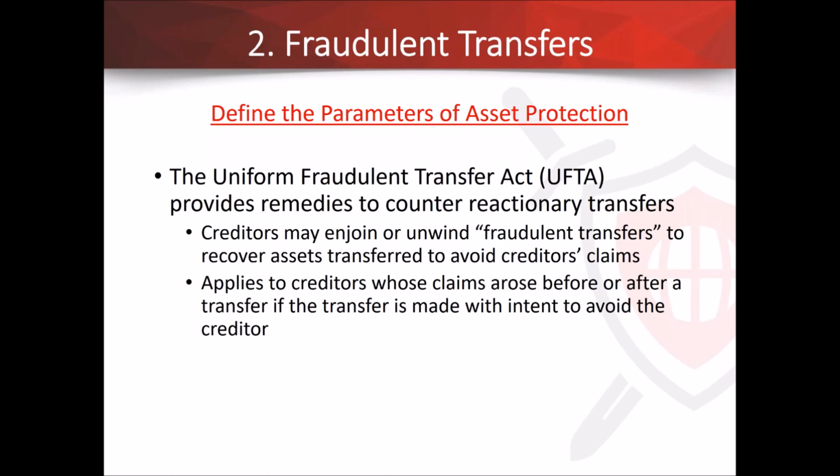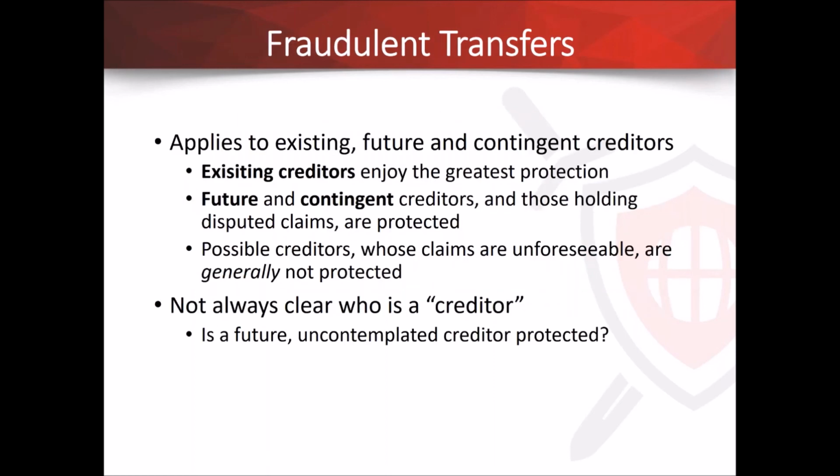So moving on, and following up on that excellent question, we have a discussion about who the Fraudulent Transfer Act applies to. And this is back to creditors. It's future creditors, contingent creditors, and existing creditors. And this is anyone, generally speaking, to whom a debt is owed, regardless of whether a lawsuit's been filed or a judgment's been entered.